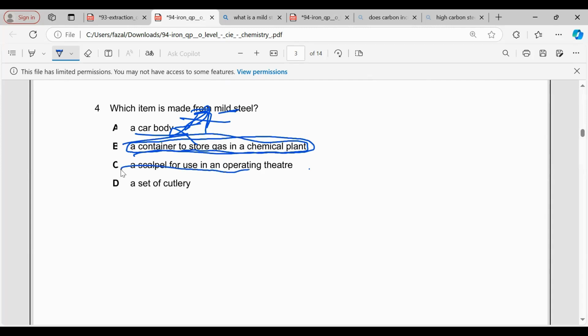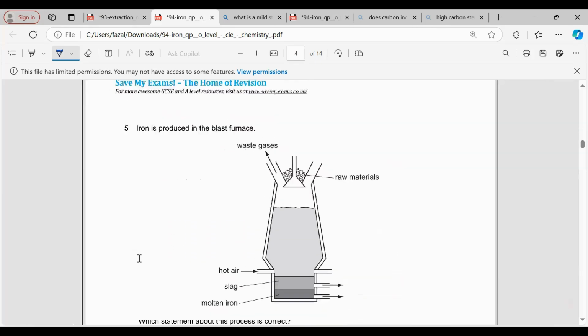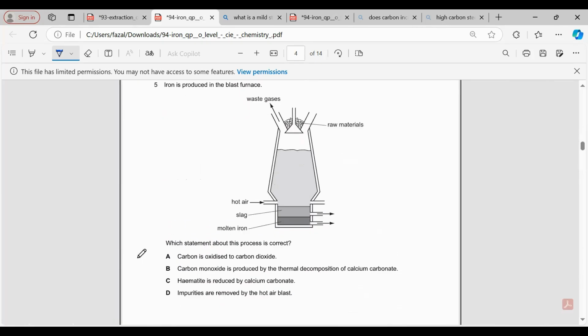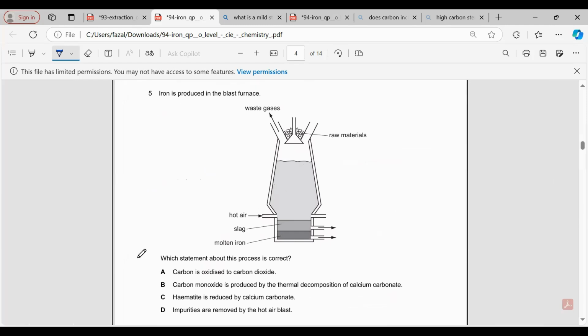Moreover, cutlery cannot be made either, because it uses a hard metal. More sets of cutlery can be made, because we see like the spoon which we always bend by hand. So it isn't made from high carbon steel, but from low carbon steel. Now let's move on to the fifth question.